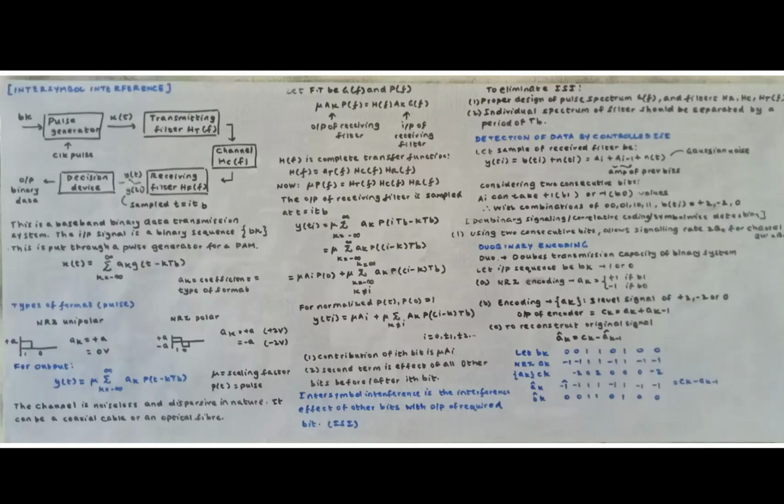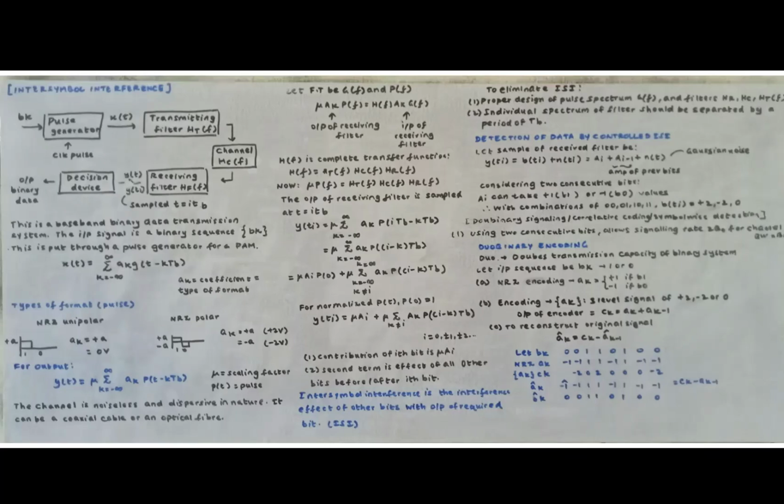So the channel is noiseless and dispersive in nature. It's a coaxial cable or an optical fiber. Then you have to take the Fourier transform of your input and your output. And you have to note that H of f is the product of the transfer functions of your three blocks, the two filters and the channel.